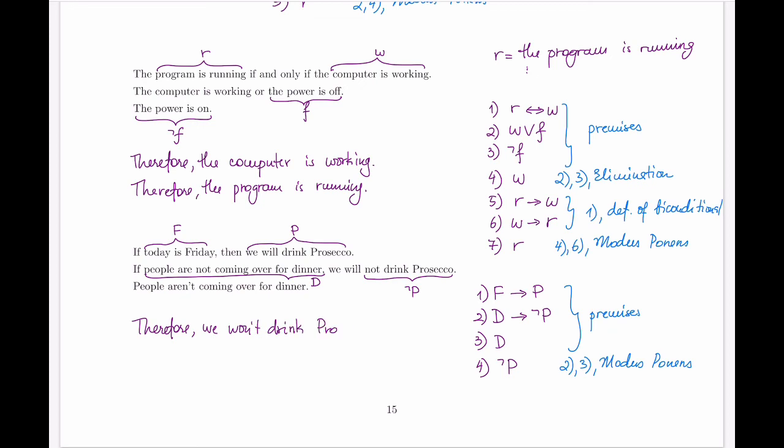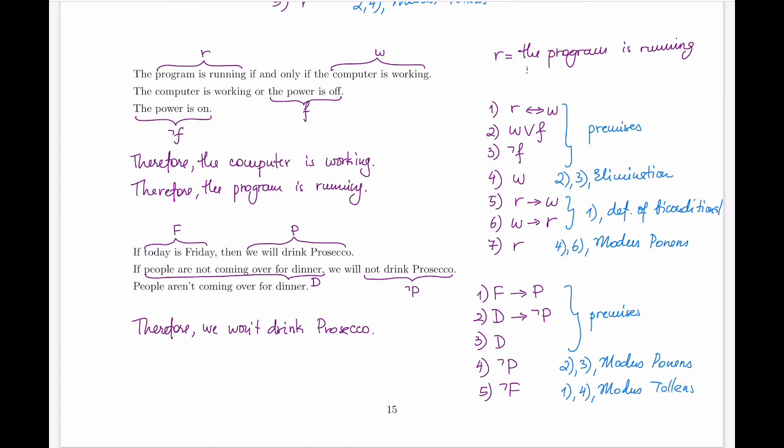Is there anything else that I can conclude? Well, let's see. I've concluded not P here. Can I use that with the only other premise that I haven't yet managed to employ? I have F implies P and not P, which is the negation of my original conclusion here. So by modus tollens, I can conclude not F. So in my next line here, I can have not F, which comes from 1, 4, and modus tollens.